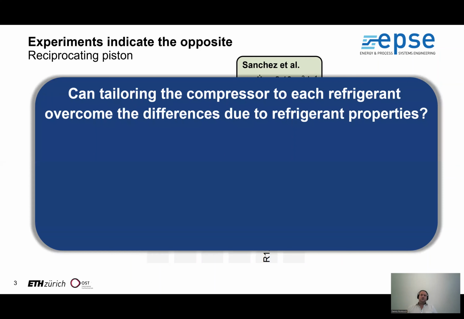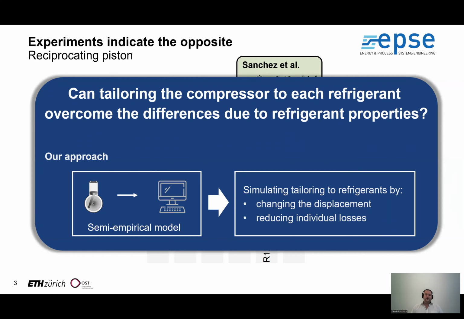We aim to analyze if tailoring the compressor to each refrigerant actually can overcome the differences in compressor efficiency due to refrigerant properties. And for this purpose, we first derive a loss-based semi-empirical compressor model, and afterward we use the model to simulate tailoring.